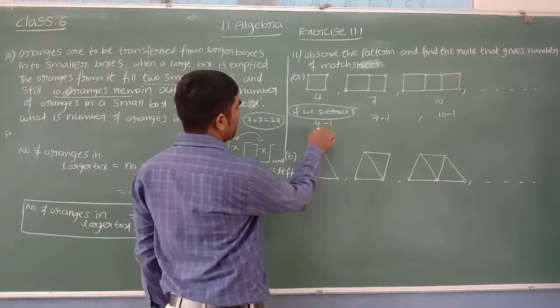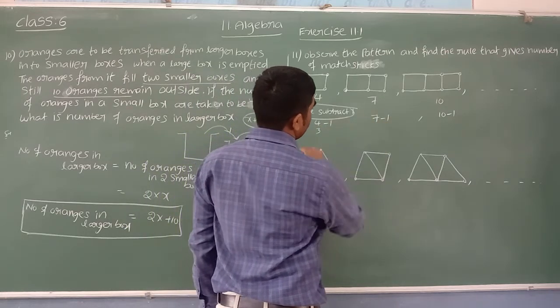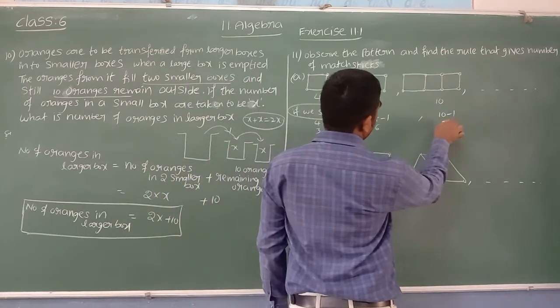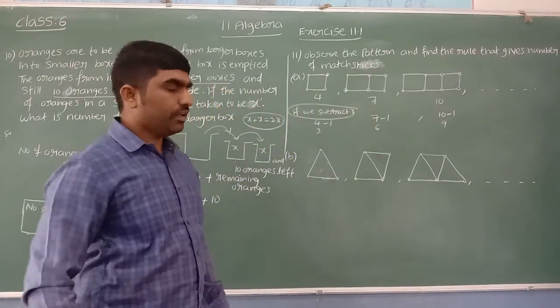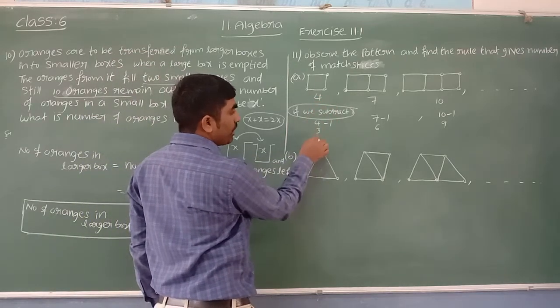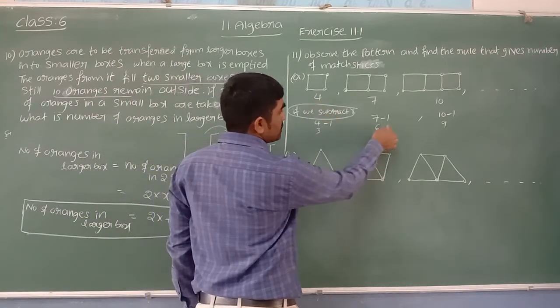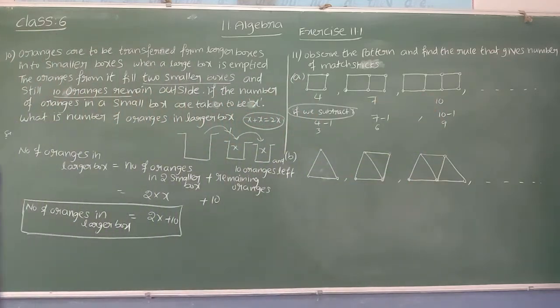Or we can add plus 1, beta. To get 4, we write 3 plus 1. 6 plus 1, and 9 plus 1. Okay, now we can write plus 1 also.